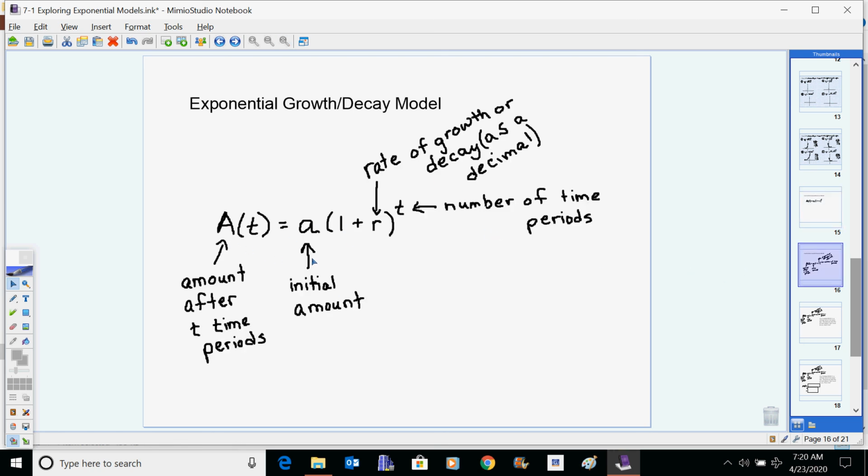Okay, so this lowercase a here is the initial amount of whatever it is that you're starting your growth or decay model with.